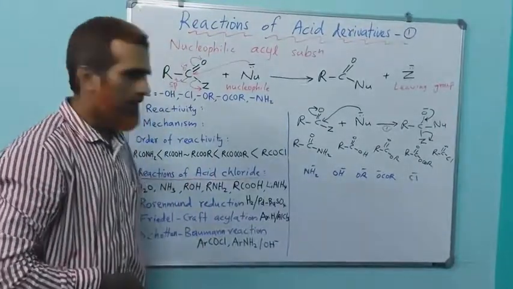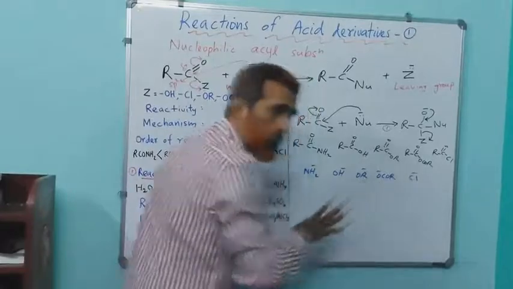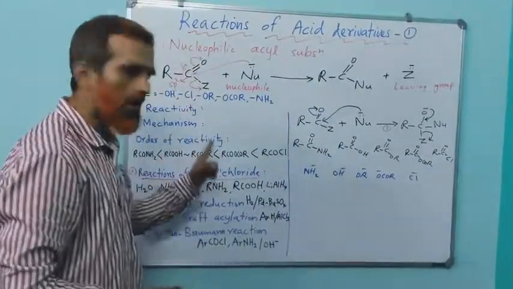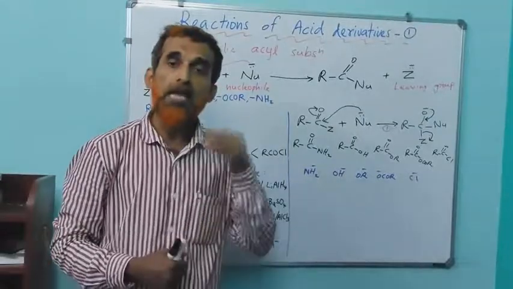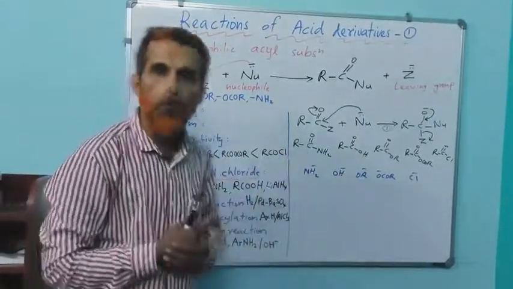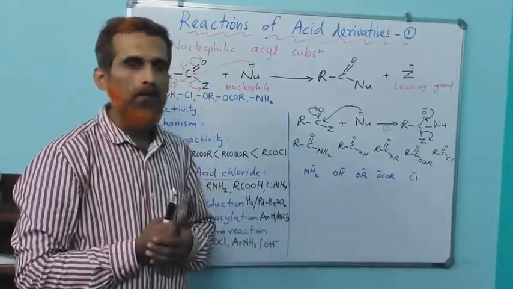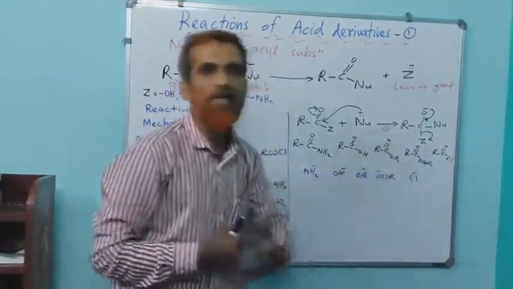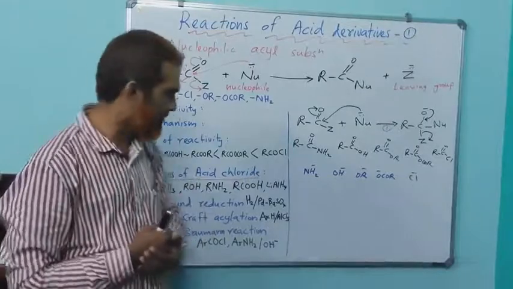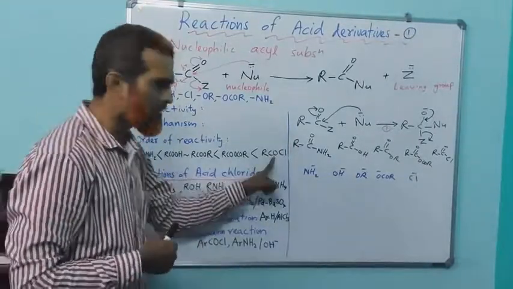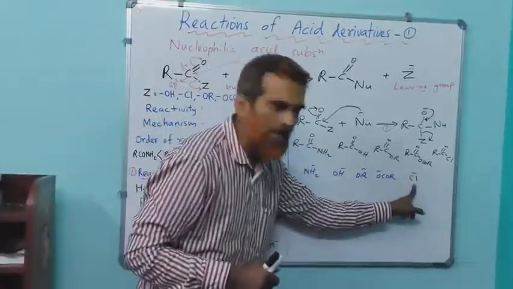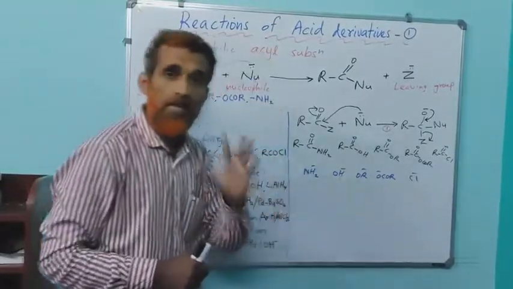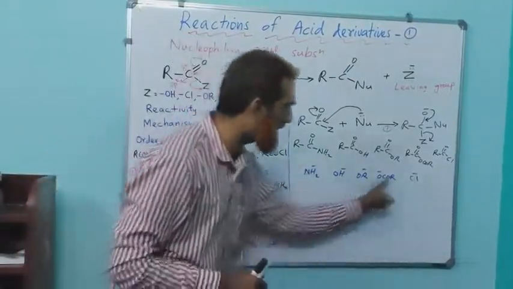Now, to compare the leaving tendency, I repeat the point: the reactivity order is based on the leaving tendency of the leaving group. Whichever is the better leaving group, the corresponding derivative will be more reactive. So this is most reactive because Cl minus is the best leaving group among these. So the leaving group tendency is increasing in this way.